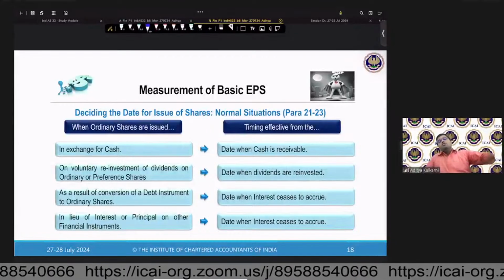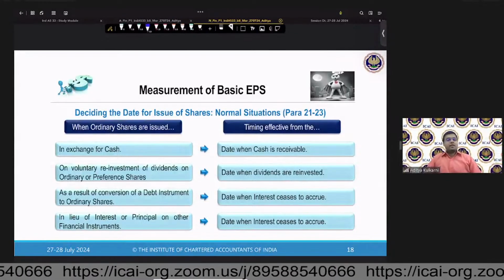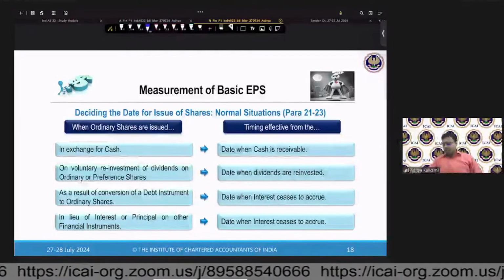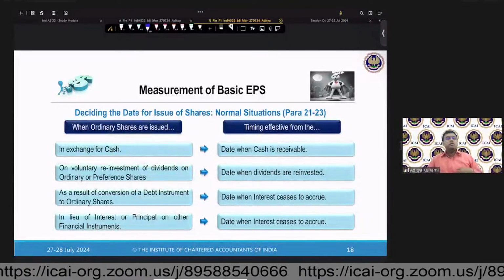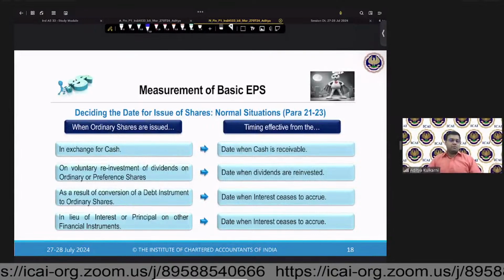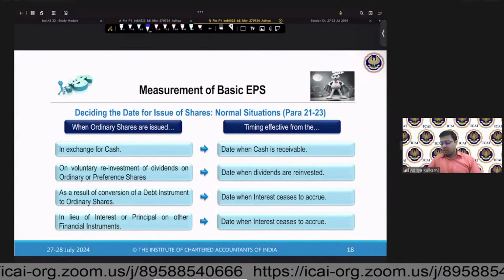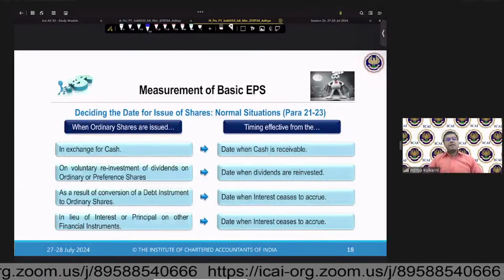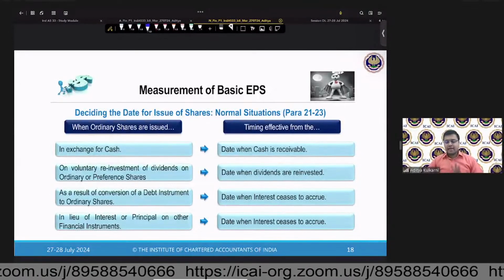So there is a huge number of payments which will keep coming in respect of different shares. For example, when you make a fresh issue first time for the full amount, how am I going to recognize it? For all these things we have certain guidance from the standard.